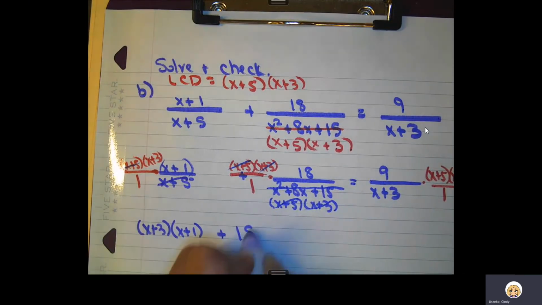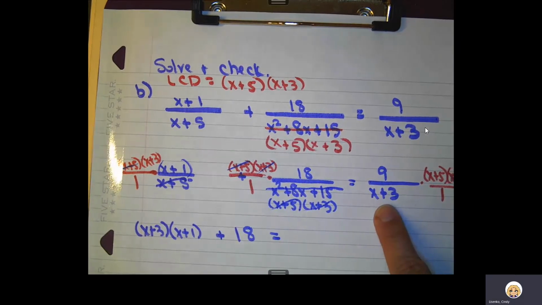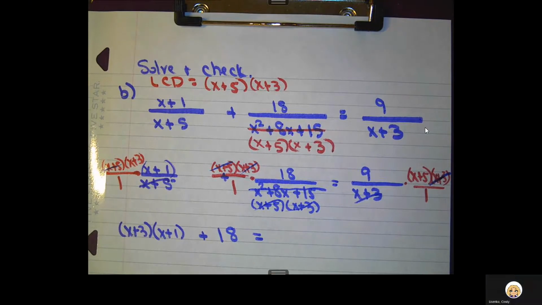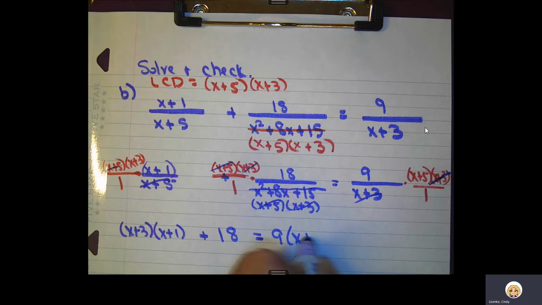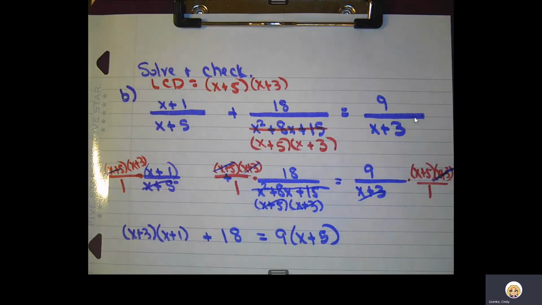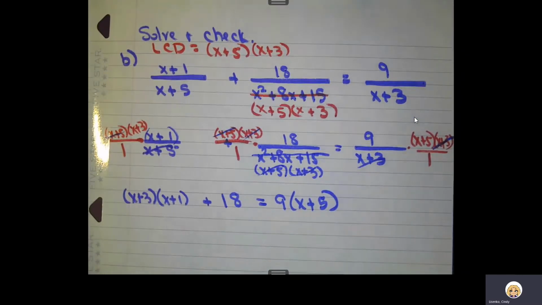So plus 18. Over here, we have an x plus 3 on the bottom, x plus 3 on the top, so I get to cancel those out. I am left with a 9 and an x plus 5, so I'm going to put that next to each other. Notice we have no more fractions. Now it becomes much easier to solve. I have to get rid of the parentheses, so what I'm going to do is distribute.